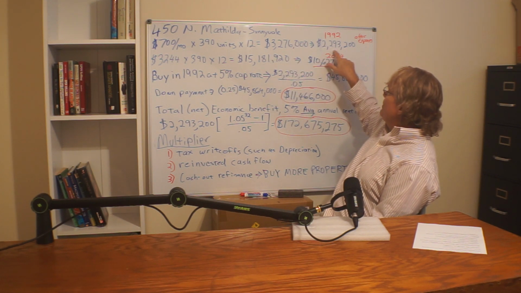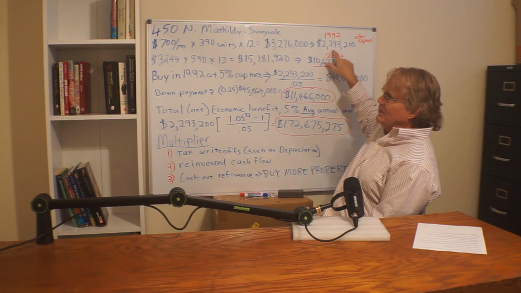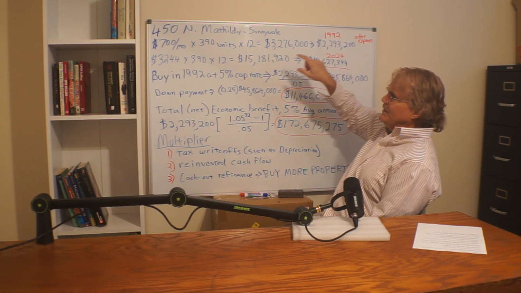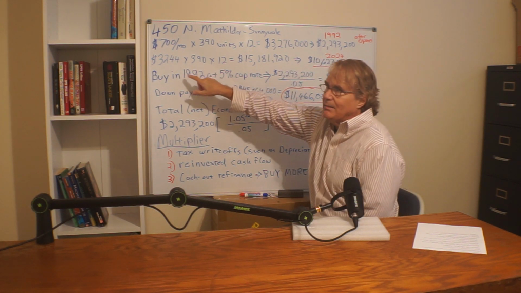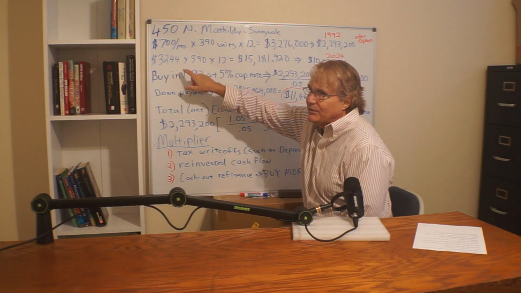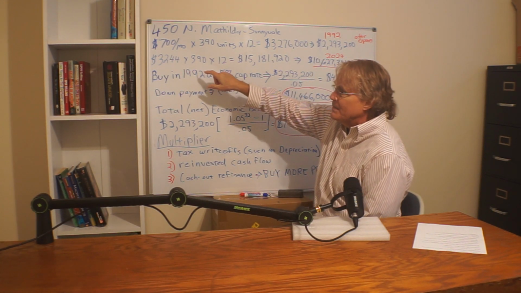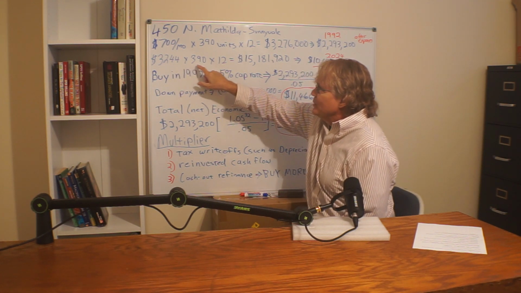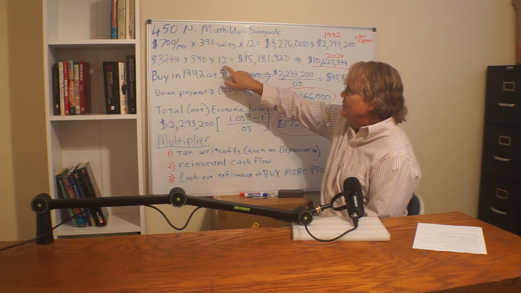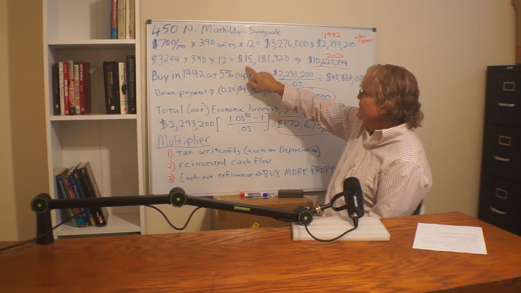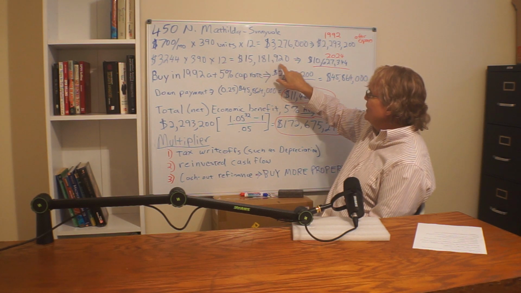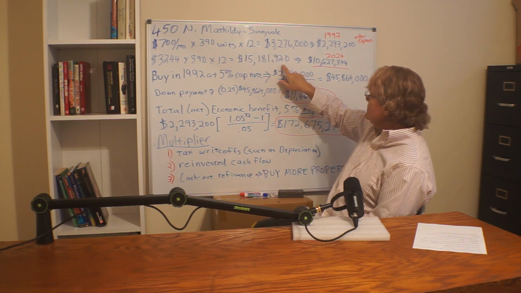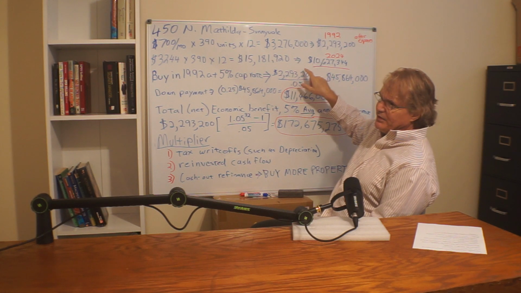Okay, so that's the net operating income back in 1992. Fast forward to today. Two-bedroom apartments in that complex are now renting for $3,244. So the gross annual rent is $3,244 times 390 units times 12 months, $15,181,920. Okay, so 30% expenses.